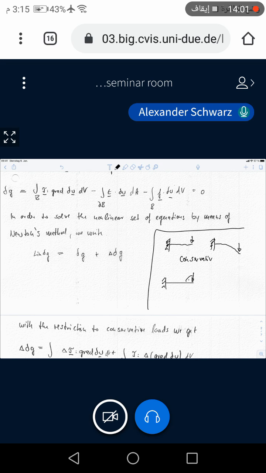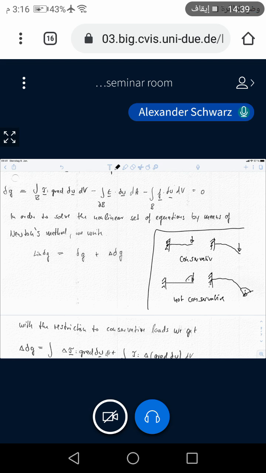Here I have a 90 degree angle, and this is a requirement or a constraint that this angle is always the same. Then I end up with something like this, and then I have the force which looks like that. That means this is not conservative.